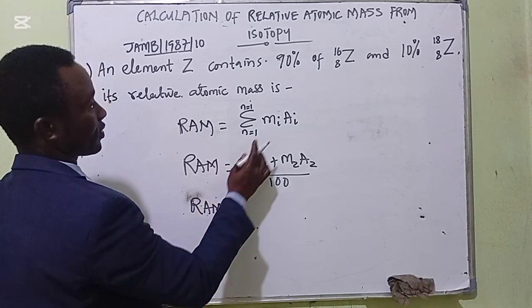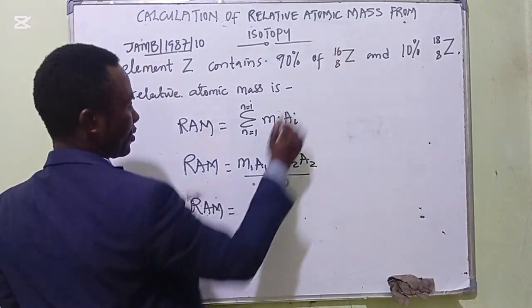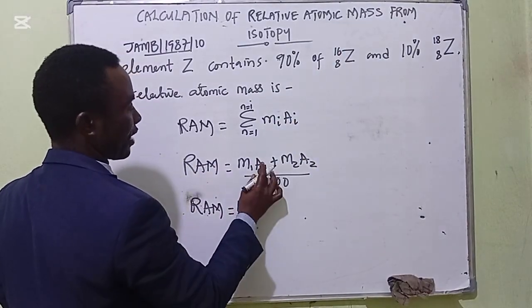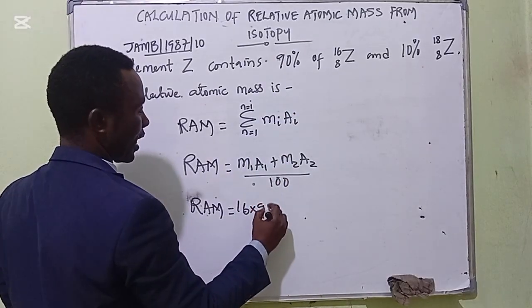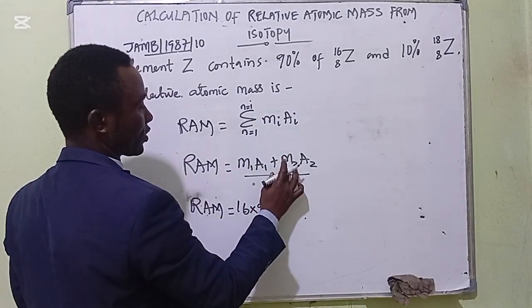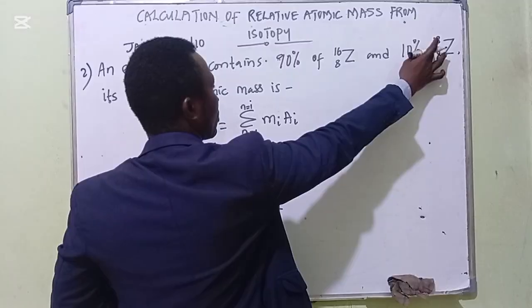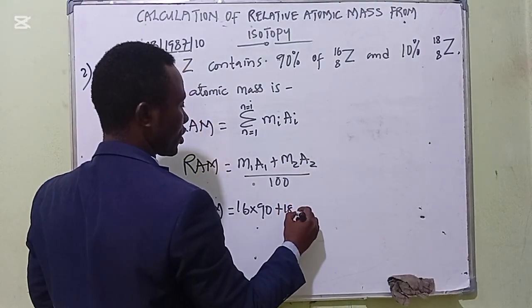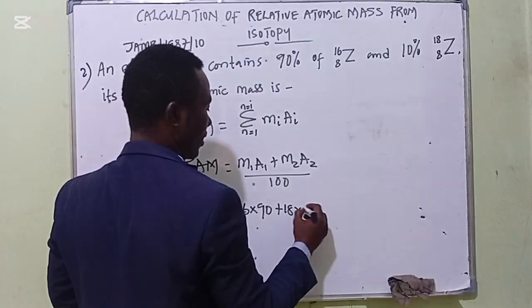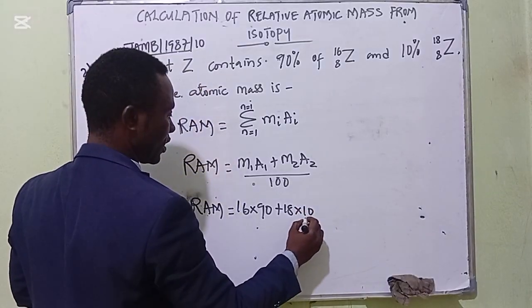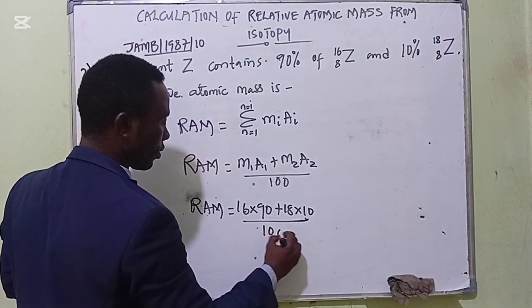The first mass is 16, multiplied by its abundance, 90, plus mass 2, which is 18, multiplied by abundance 2, which is 10. So everything divided by 100.